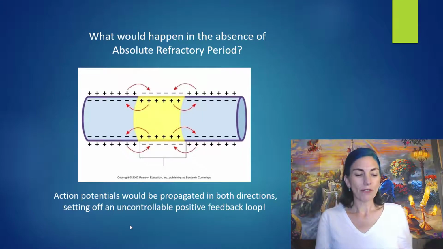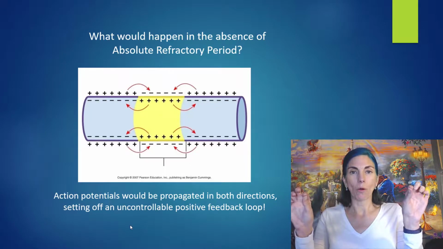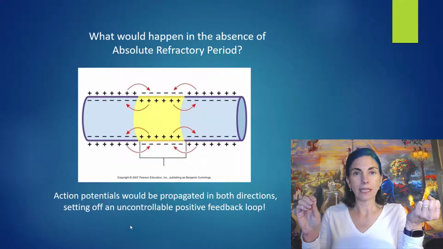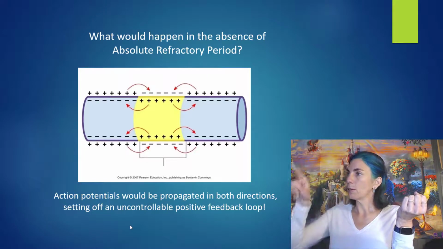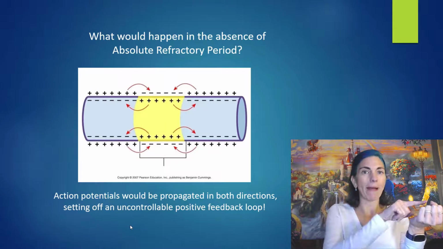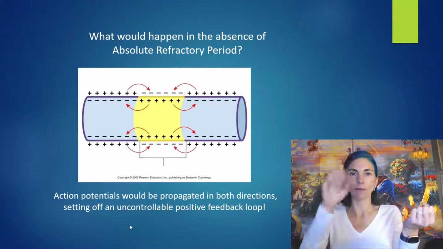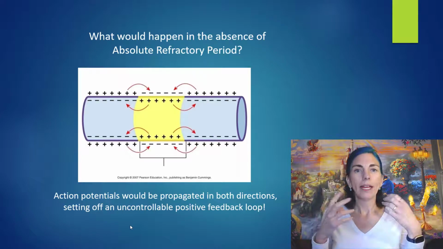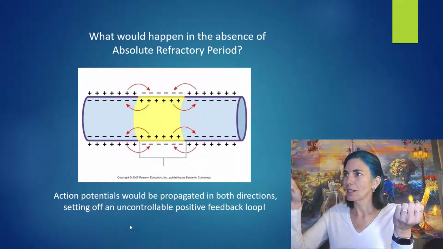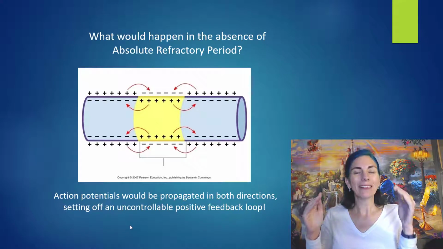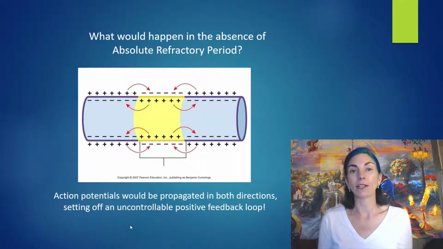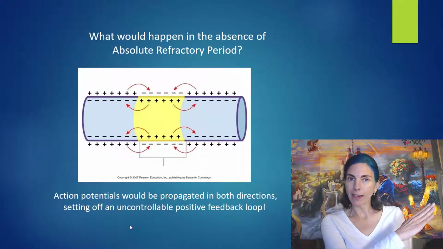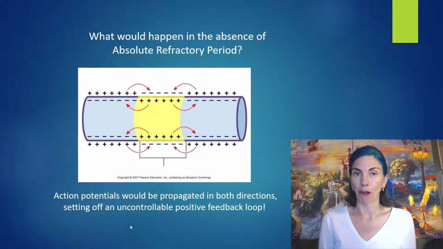I mean, imagine for a moment if you had an electrical cord where when you plugged it into the outlet and then you had your light on the other side, electricity sometimes went to the light, but then sometimes it went from the light back to the grid and then back again, and your light was like, I don't know. You'd be like, no, I want electricity just to go to the light. So in the same way, you want electricity to just go down the length of the axon towards the axon terminals. That is what we mean by the flow of electricity going down the length of the neuron.